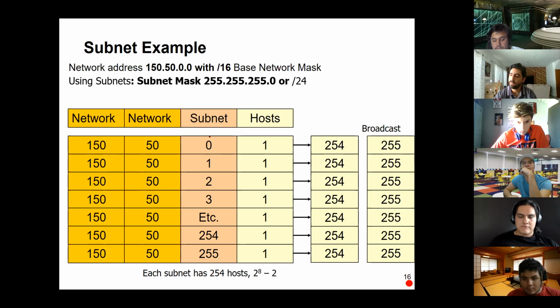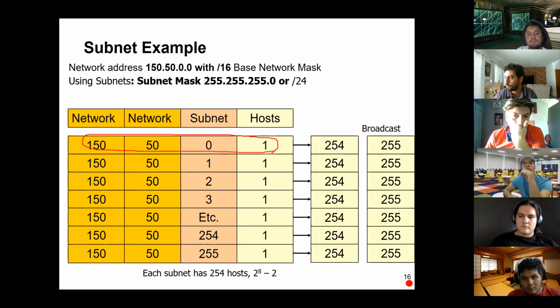That's why we are starting from 150.50.0.1. That's our first host, because we cannot have 150.50.0.0. That is reserved. Another thing you need to remember is 150.50.0.255 is also not allowed.